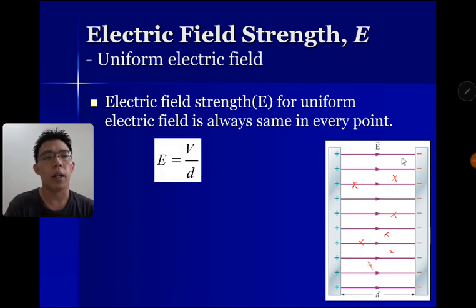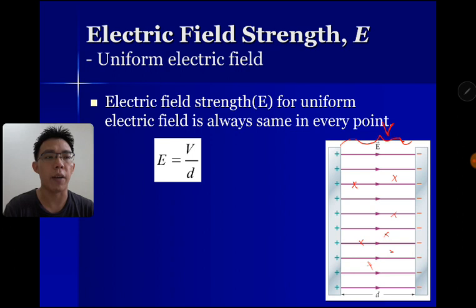Okay, so there comes another equation that governs this field strength: E equals V over D. V is the potential difference between these 2 plates. Let's say it's 5 volt, then V is 5. D is the perpendicular distance between these 2 plates.